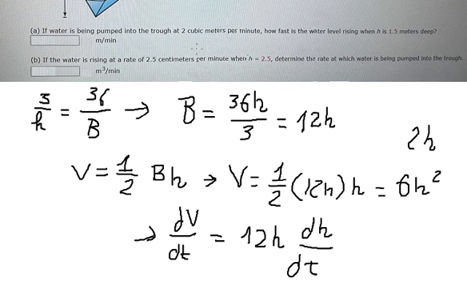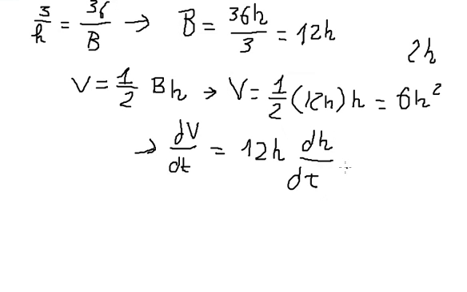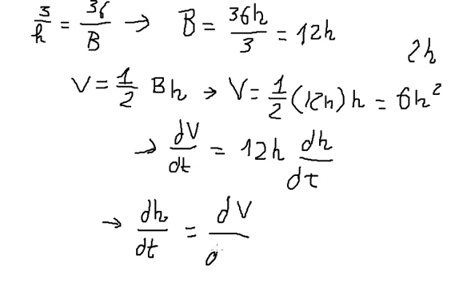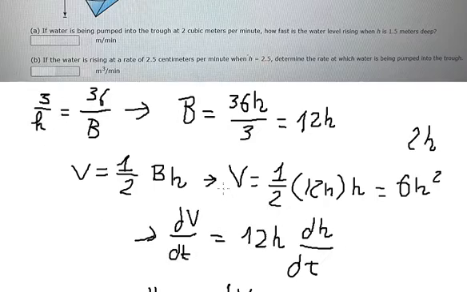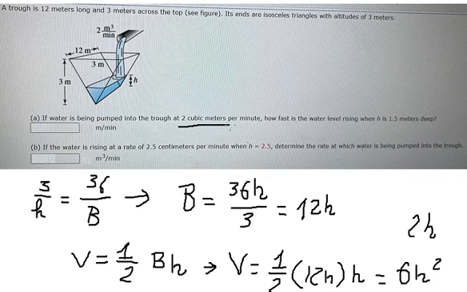So on question number 1, we want to find how fast the water level is rising. That is this one. So we divide both sides by this number in here. So we can find the answer for question number 1. This one, we have this one in here.